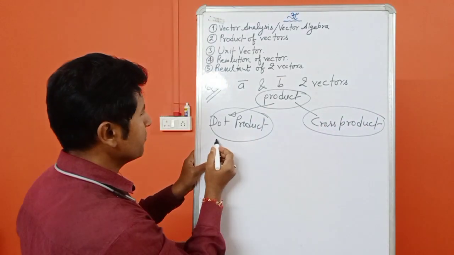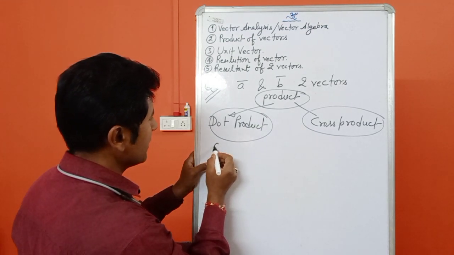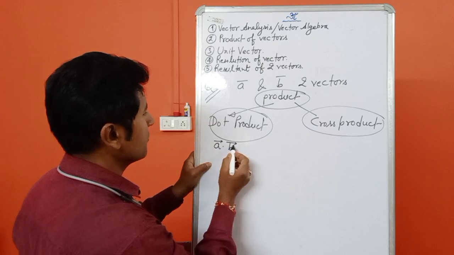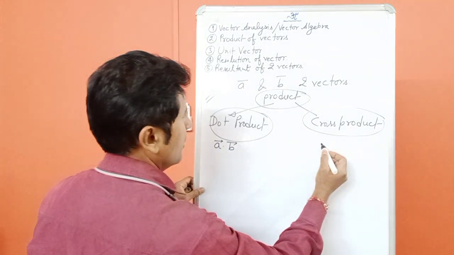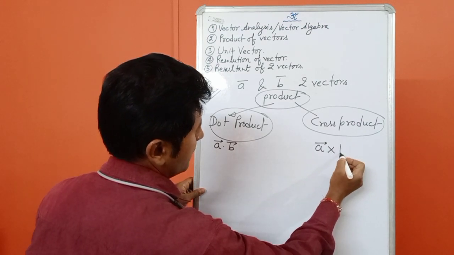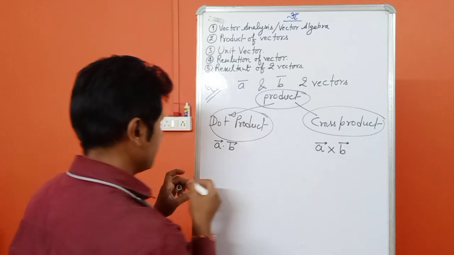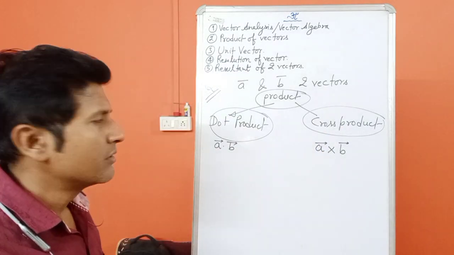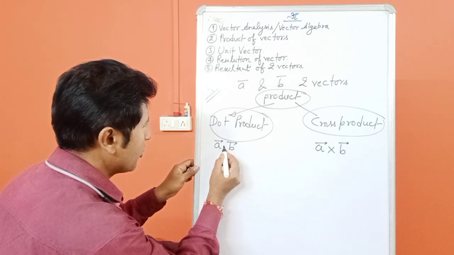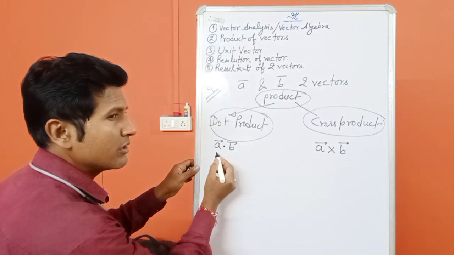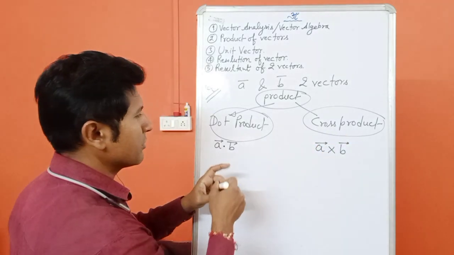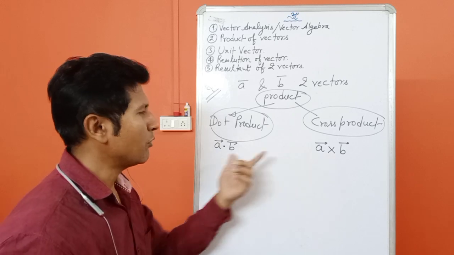Now dot product is written as A dot B, right? A dot B. However, the cross product is defined as A cross B, right? Now dot product means we have to put a dot in between A and B, and cross means we have to put a cross. Now these are two operations.